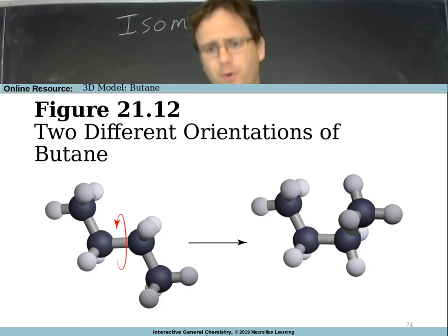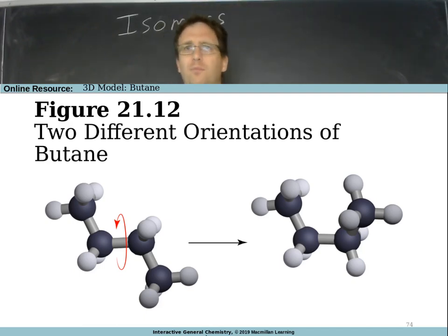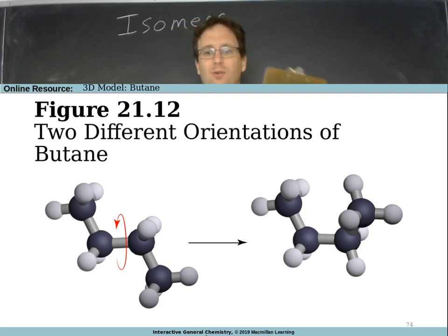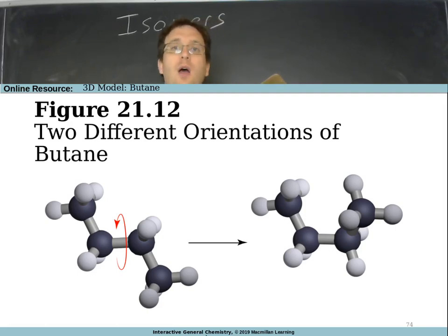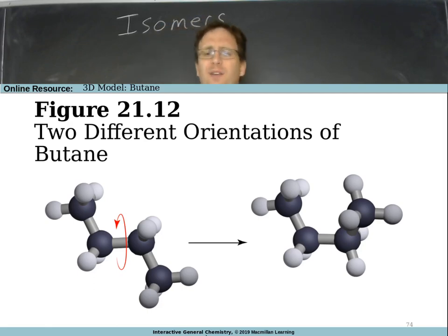I want to point out that single bonds have free rotation. A molecule can rotate around a single bond, and so what you see here are 2 different orientations of the butane molecule. But they're the exact same molecule. They are not isomers. Those are just different orientations of the same molecule. Butane is constantly twisting around those bonds.